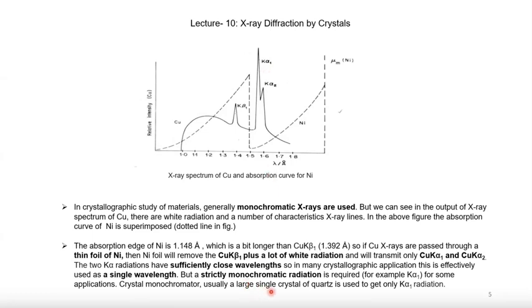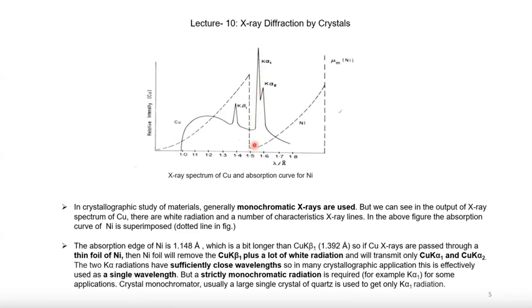Usually a large single crystal of quartz is used to get only K alpha radiation from the copper X-ray spectrum. So not only nickel foil, but also we have to use a single crystal of quartz to get one radiation, a single radiation, and that is copper K alpha radiation.